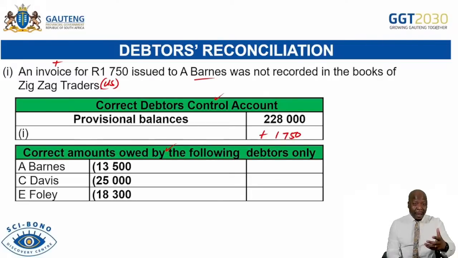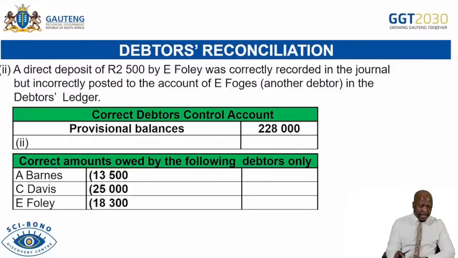We sold goods to Barnes, but that invoice was not recorded anywhere. That means it's not in the control, and it will also not be in Barnes' books, plus 1,750. These are principles that you have to understand on how to record such errors and omissions. Let's look at number 2. It says a direct deposit of 2.5, that is a payment, by E.